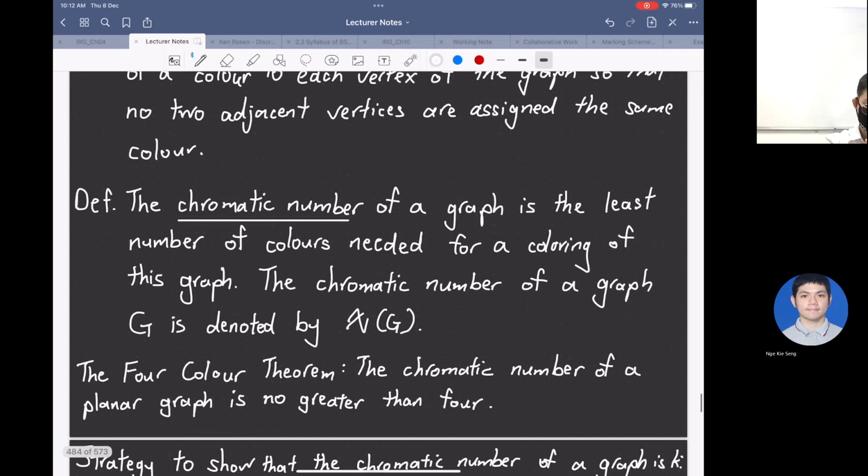And there's a four color theorem here. The four color theorem means that if you start with a planar graph, and we already know what a planar graph is, with no edge crossing, then the chromatic number is no greater than 4. So you can use no more than 4 colors to color your planar graph. Make sense?